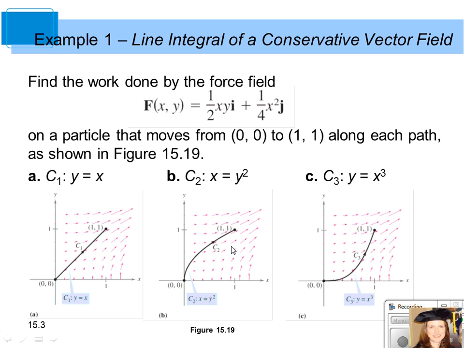And in part C, we want to find the work done again, same beginning point, same ending point, moving in the same vector field, but using the path y equals x cubed. So we'll work through each one of these, calculating the work done, and then we'll talk about what it means to calculate the work in a conservative vector field.